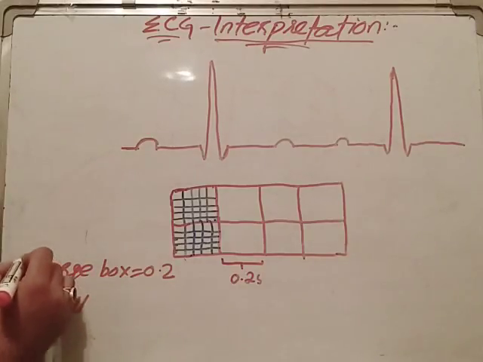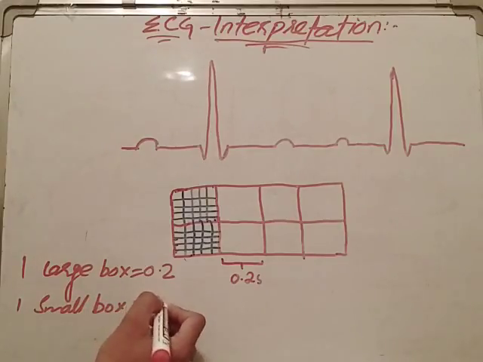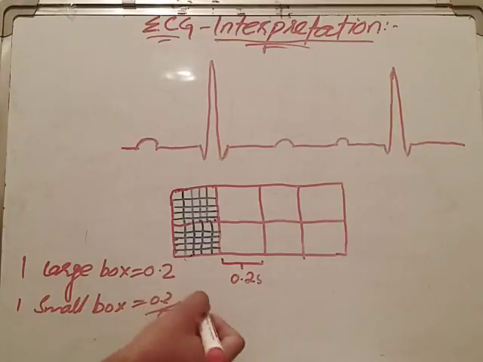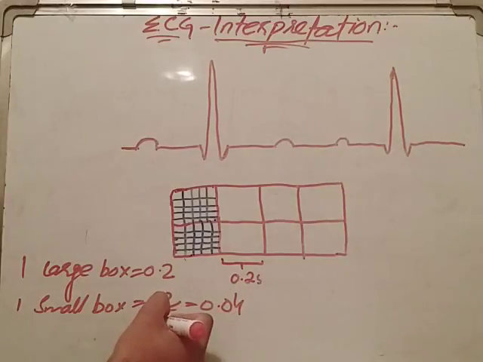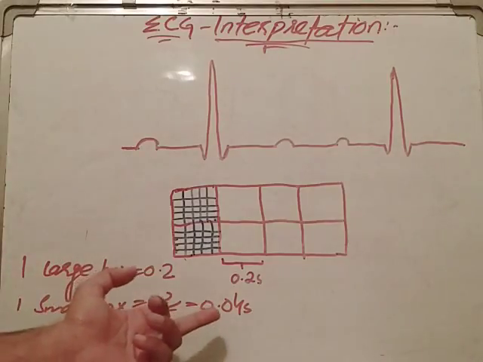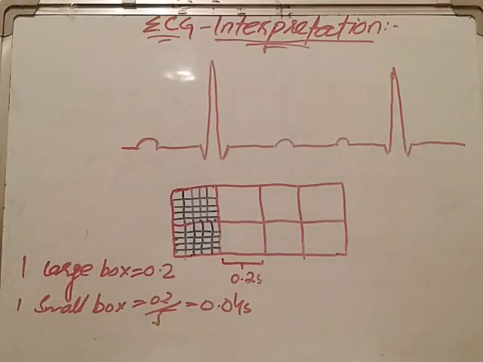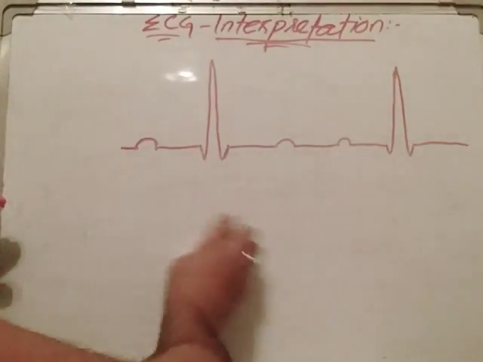So one small box is equal to 0.2 divided by 5, which is 0.04 seconds. So from here we get two pieces of information: one small box is equal to 0.04 second and one large box is equal to 0.2 second. So this is about the ECG graph.